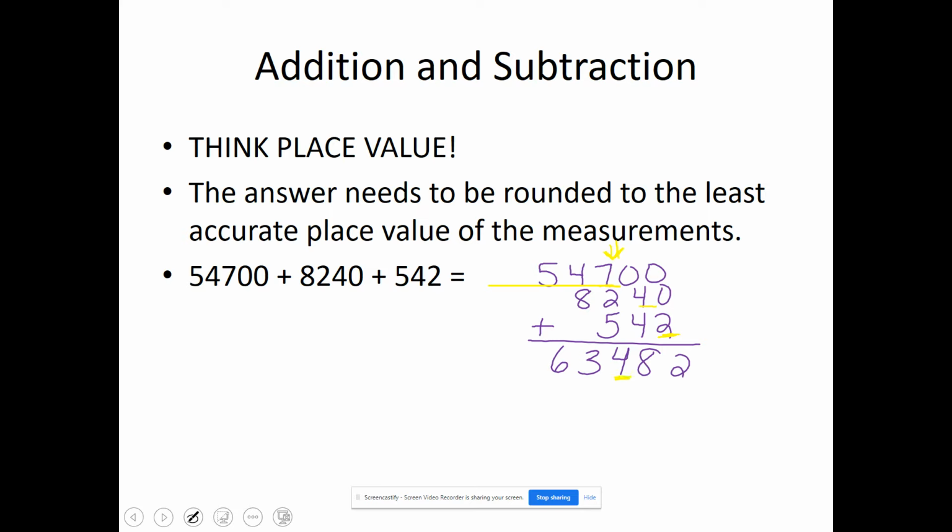So we would round to the nearest hundreds. So our answer would be 63,500. So we don't want anything more accurate than our least accurate measurement.